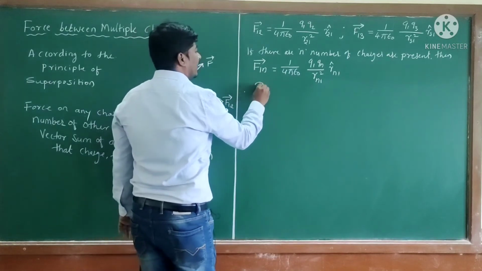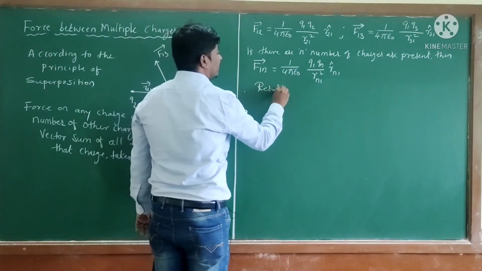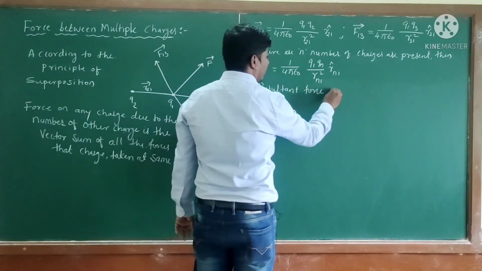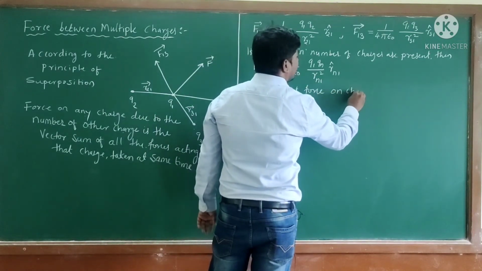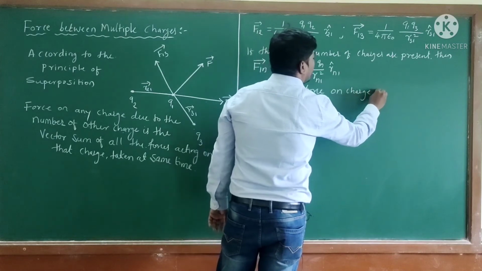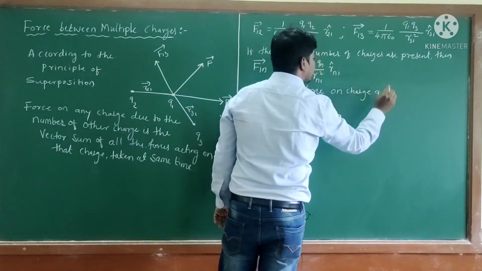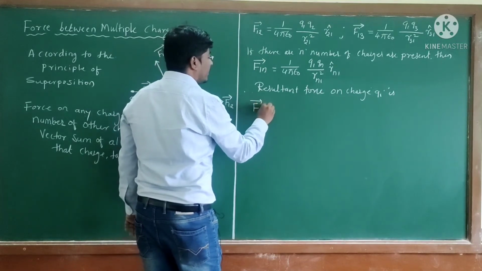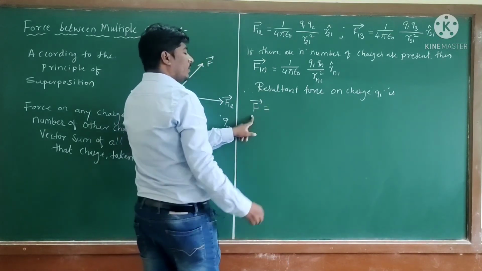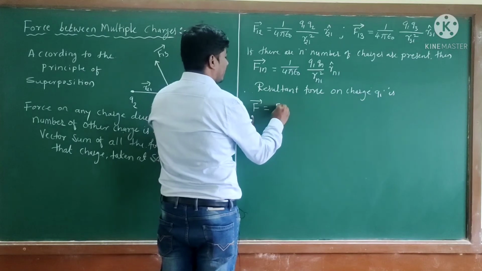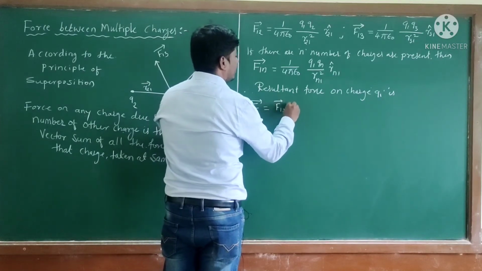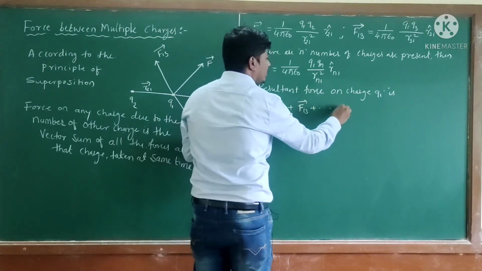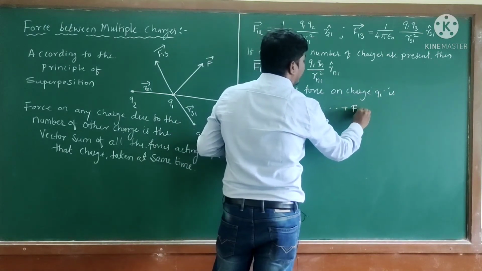Therefore, the resultant force on charge Q1, F, is equal to F12 plus F13 plus up to F1n.